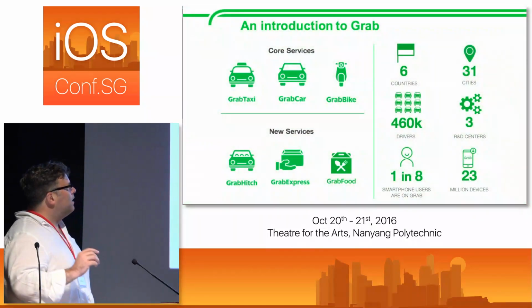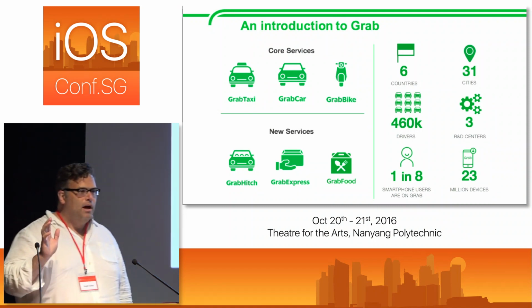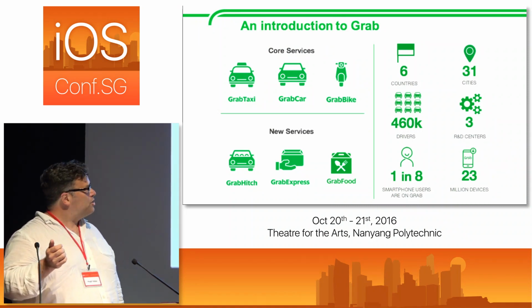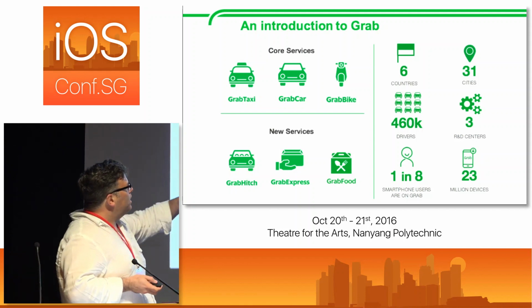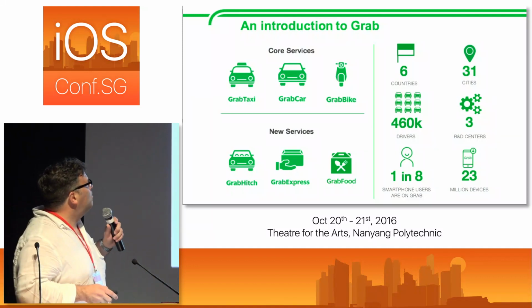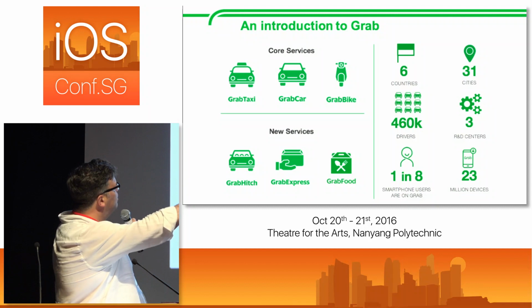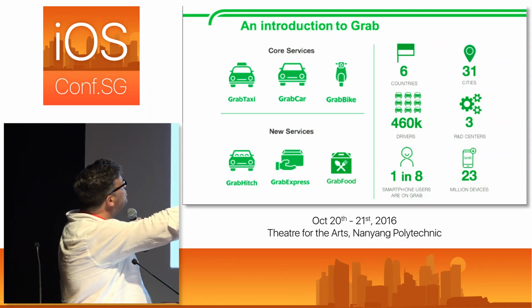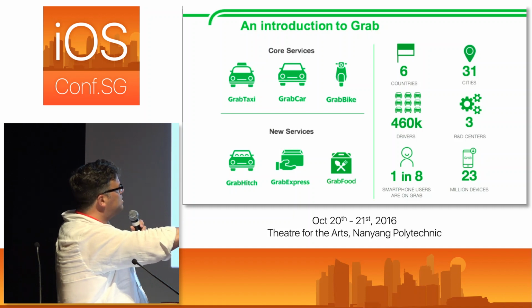So let's start off with what Grab is. Hopefully everyone here knows what Grab is. It's a ride-hailing application, and probably the really important things to point out here is that we're not just cars and taxis. We also have bikes, we have express and food.